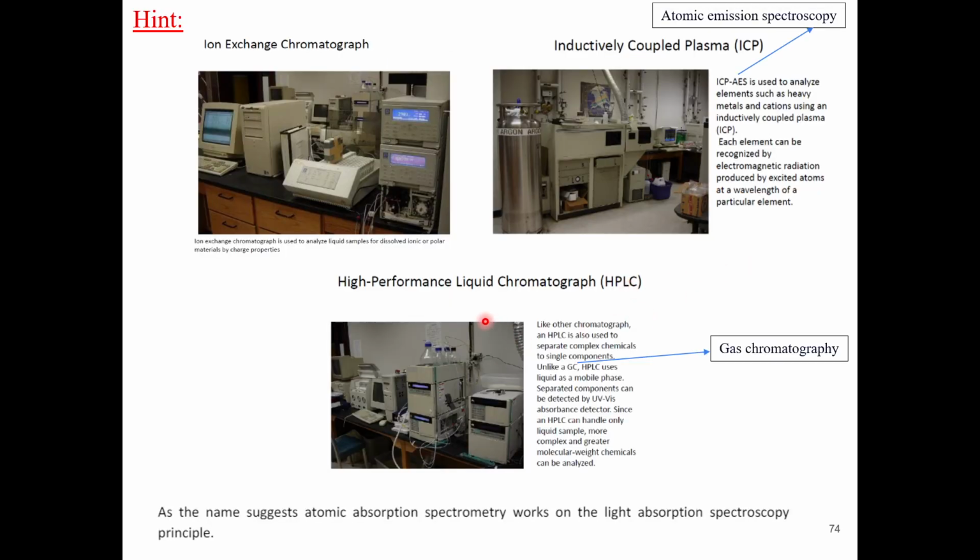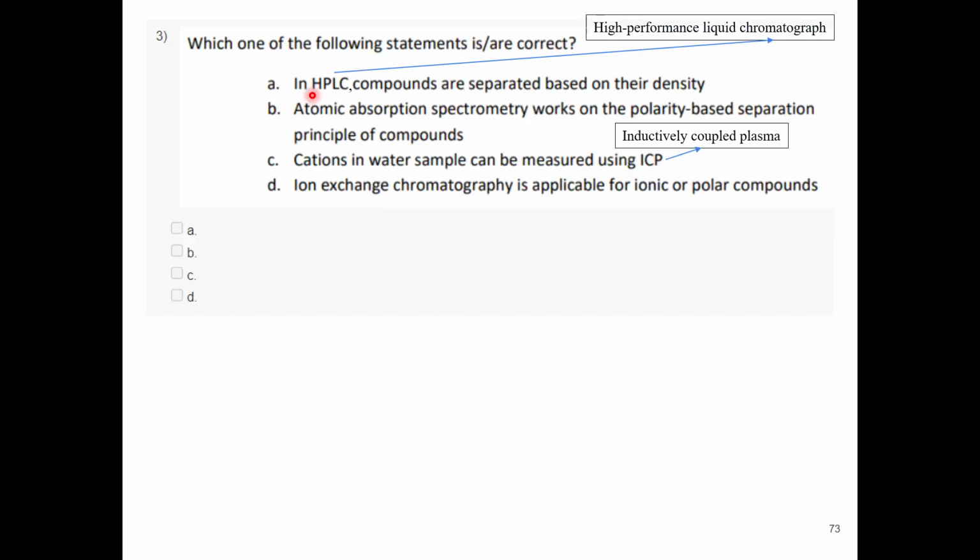And then high performance liquid chromatograph, HPLC. HPLC is used to separate complex chemicals into single components, and it uses liquid as a mobile phase. They are detected by a UV VIS absorption detector, and it can handle liquid samples. More complex and greater molecular weight chemicals can be analyzed. Here it is written that in HPLC compounds are separated based on their density.